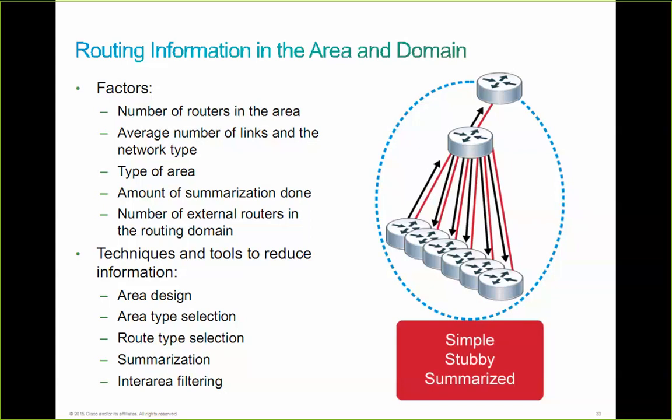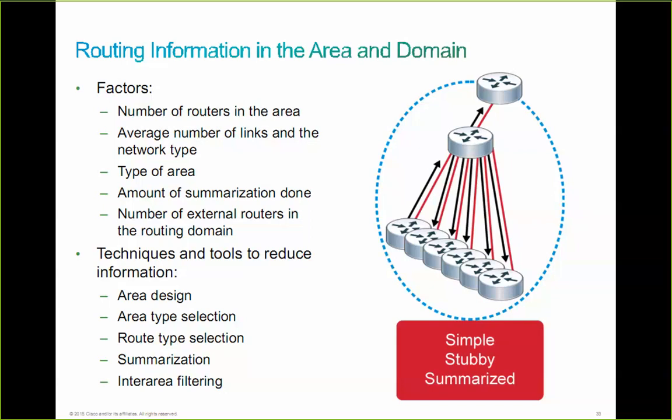So how do I route outside of a totally stubby area? What do I have to use to be able to route outside of a totally stubby area? How about a default route? Right? We're going to use a default route to route outside of a totally stubby area. Does that make sense? All right.